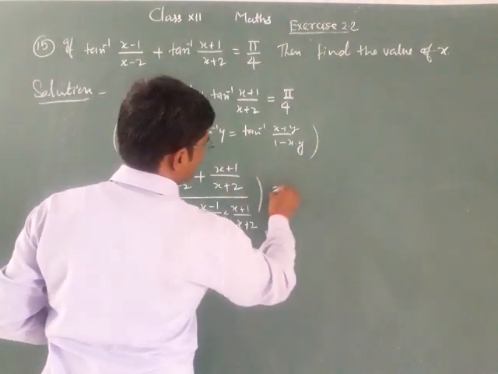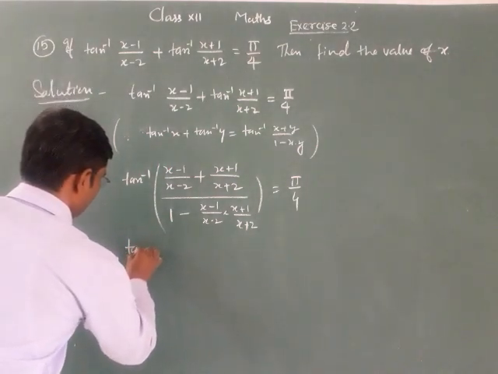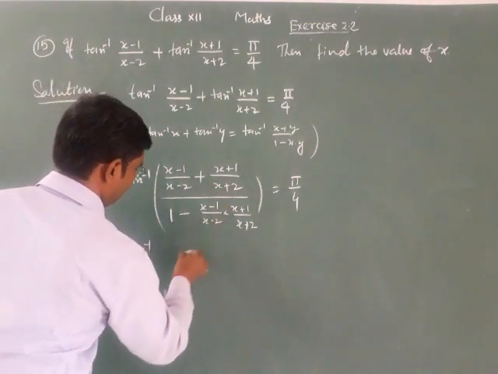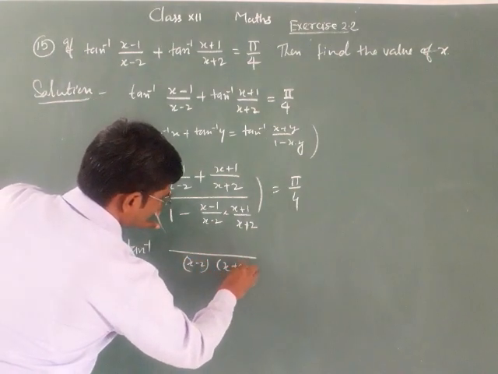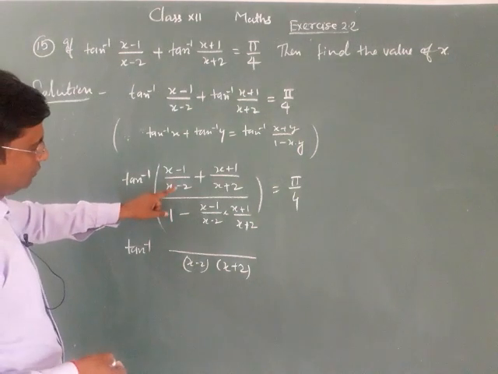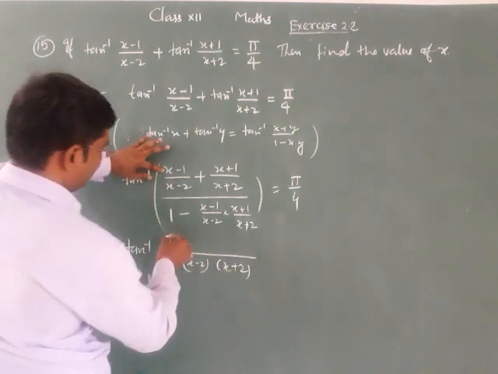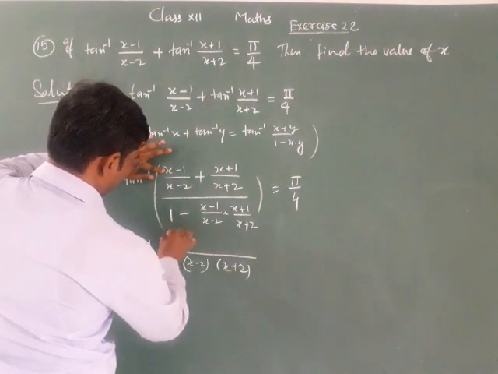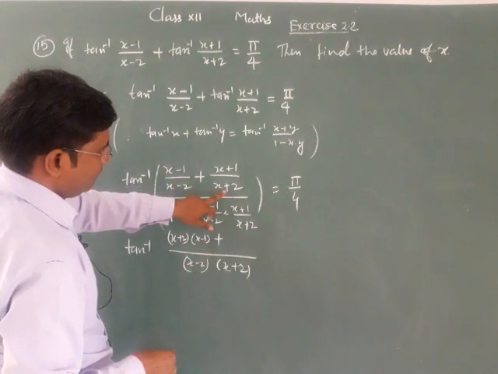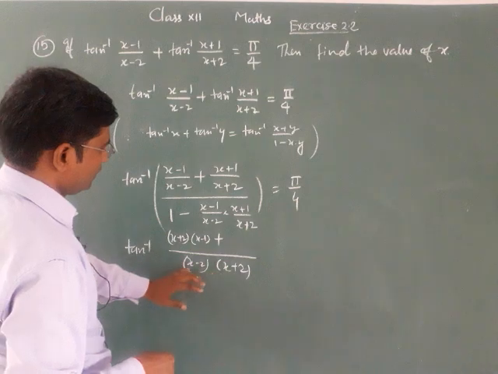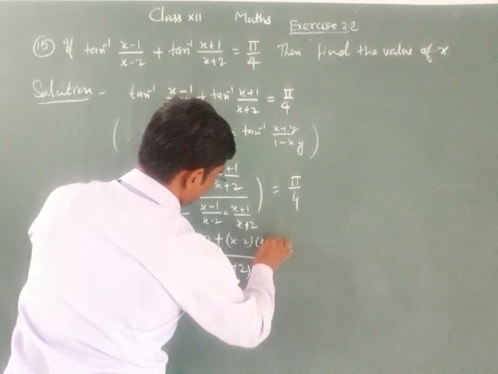So this is the value π/4. Take the LCM above, which is (x−2)(x+2). Divide by this and cancel out, so we get (x+2)(x−1) plus (x−2)(x+1).